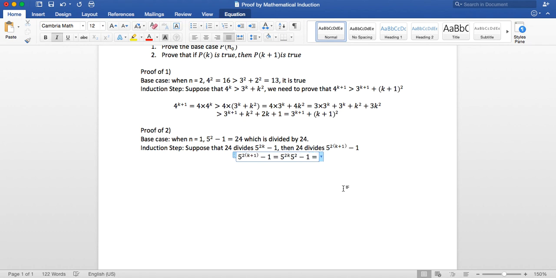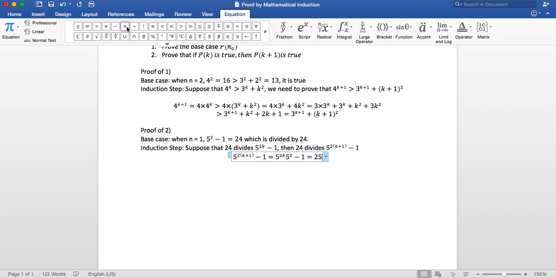Now 5 squared is 25. So this is 25 multiplied by 5 to the 2k, minus 1. But 25 can be written as 24 plus 1. So this is equivalent to 24 multiplied by 5 to the 2k plus 5 to the 2k minus 1.